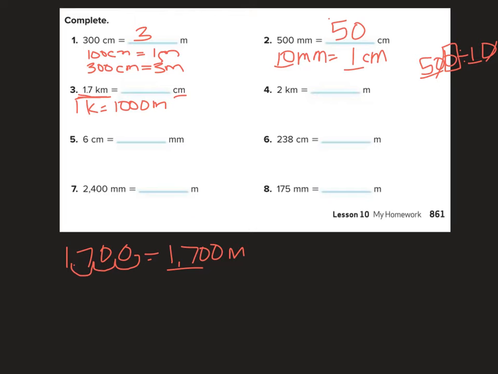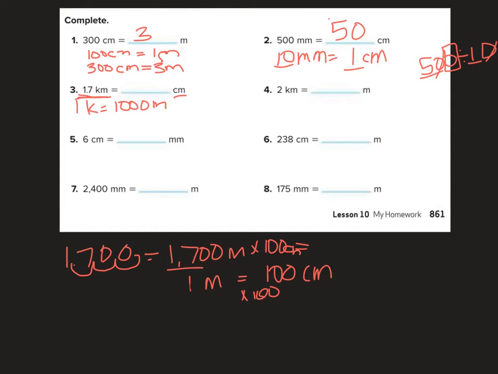So now I know that 1 meter is equal to 100 centimeters. So 1,700 meters, I need to multiply this by 100 to figure out how many centimeters.